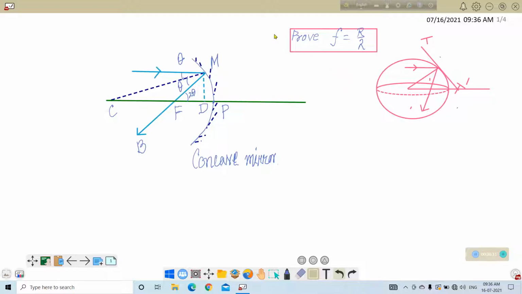Before starting this proof, f is equal to R by 2, we have to discuss a bit of geometry.